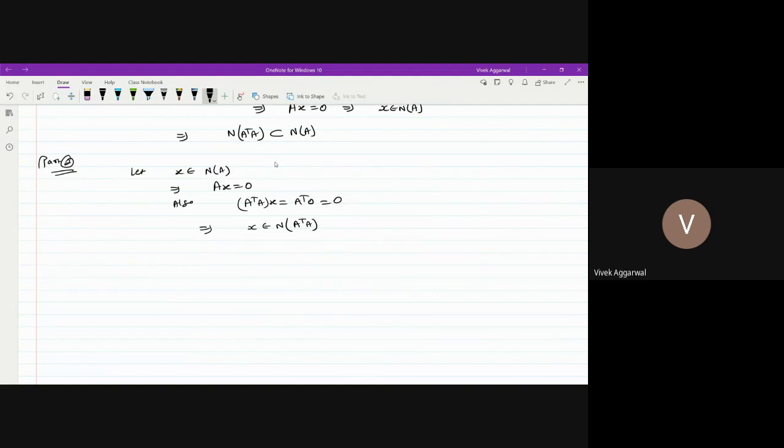So null space of A is a subset of null space of A transpose A. And from these two relations, we can have that null space of A transpose A is equal to the null space of A.